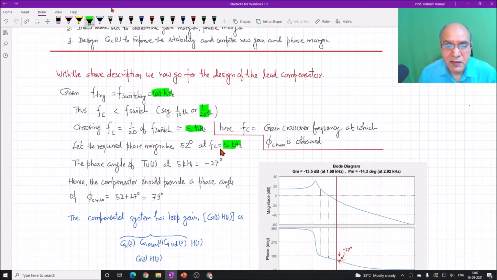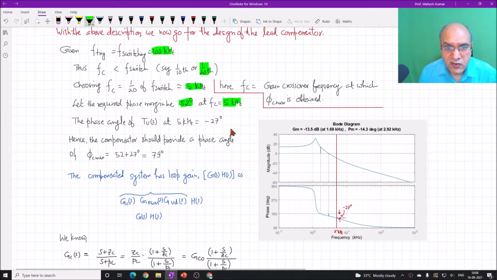So let us say that we want the overall phase margin to be 52 degree at 5 kHz. Then we have seen the phase angle of the uncompensated system TUS is -27 degree.